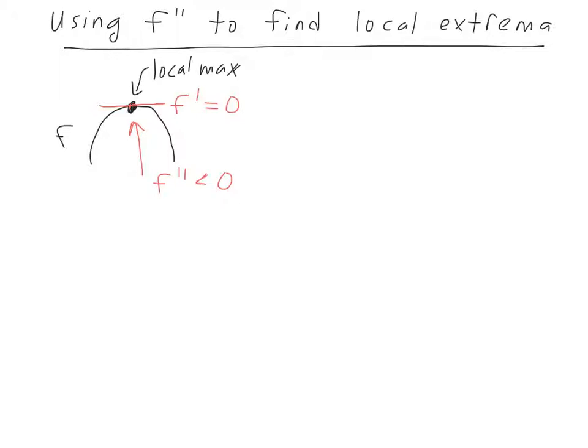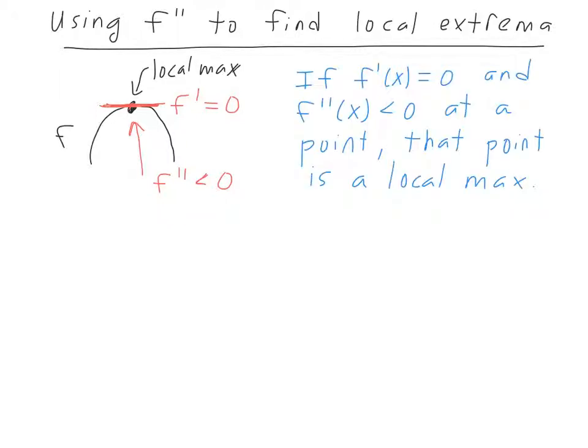If the second derivative is negative, as long as the first derivative here was equal to 0, it's guaranteed to be a local max. So let's just jot that down. What I'm saying is this: if the first derivative is equal to 0 and the second derivative is negative at a point, then that point is a local max.